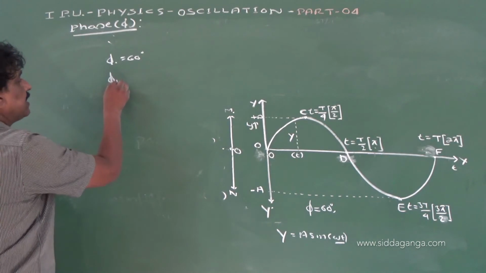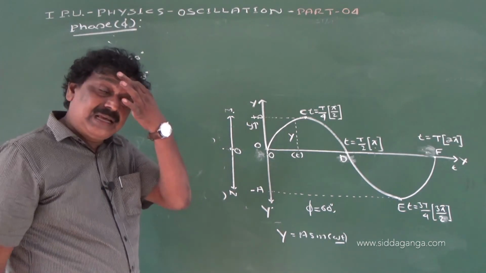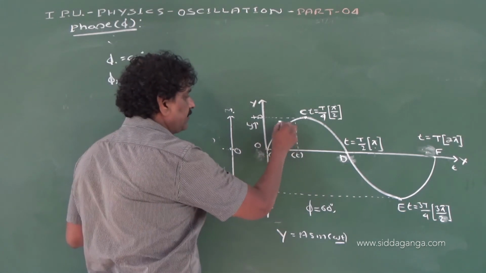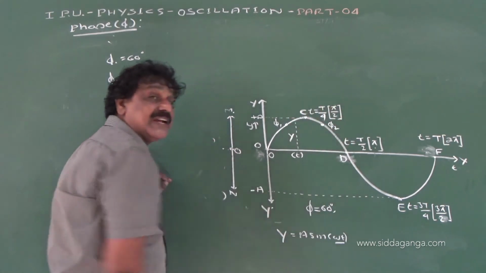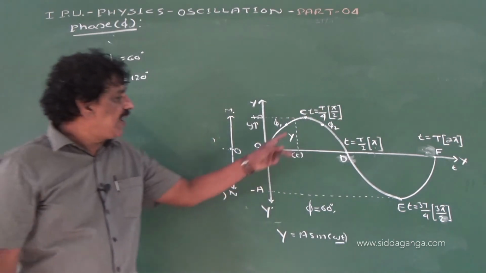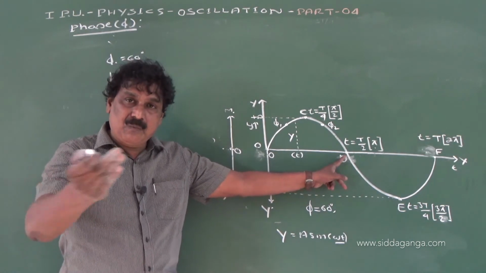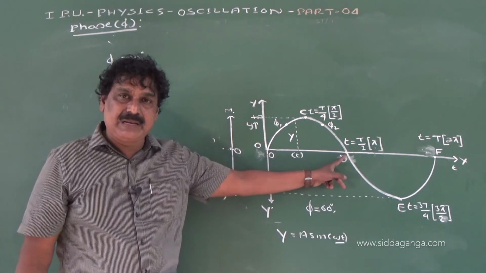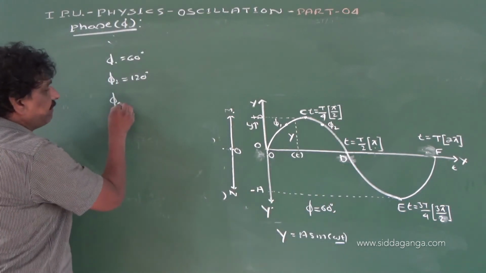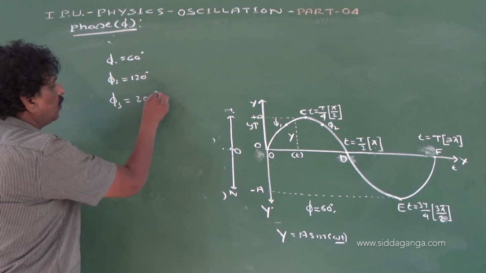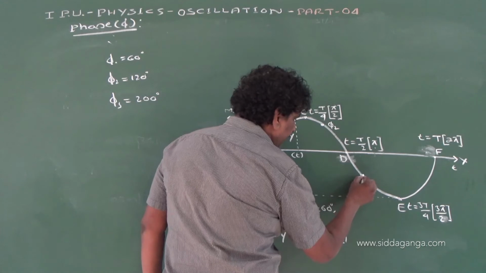So when I say some phase phi 2 is equal to 120 degree, it is somewhere between C and D, but moving towards the mean position in the positive direction.